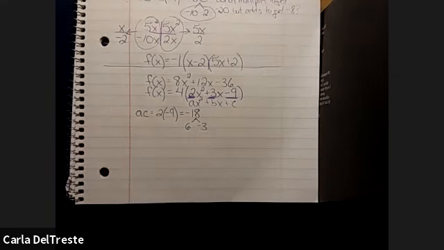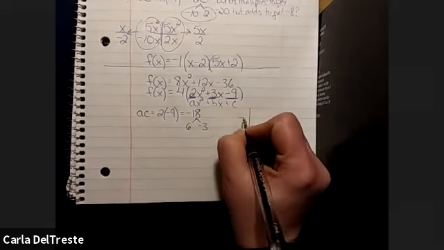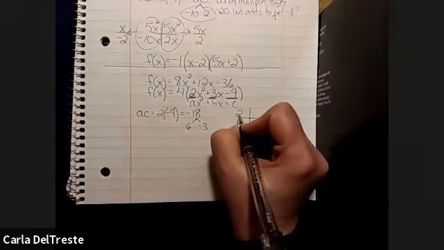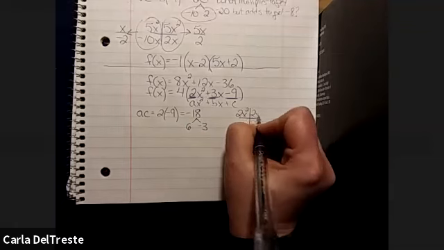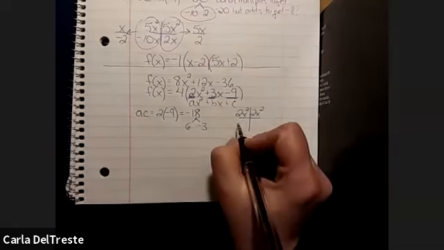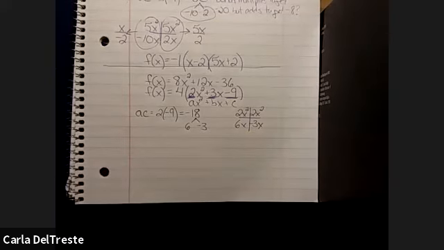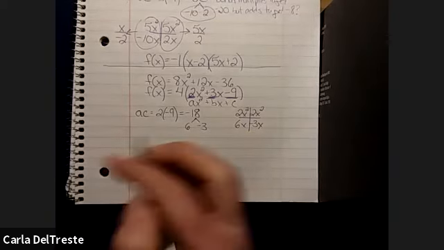That will multiply to give us negative 18, but it'll add together to give us positive 3. Then I make my t-chart. The leading term, 2x squared, goes in the top 2 spots. The new numbers that I just came up with paired with x go in the bottom 2 spots.